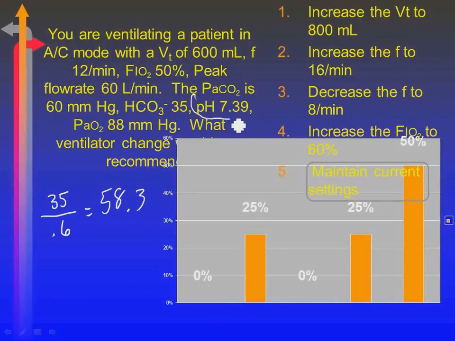Plus, I have a normal pH. If anything, I might consider dropping his FiO2, because that PO2 is a little bit high for a COPD patient. Got the gist? Say who? That's normal for him or her.